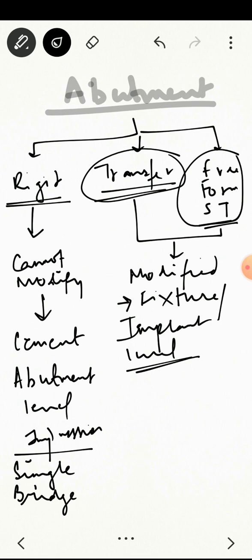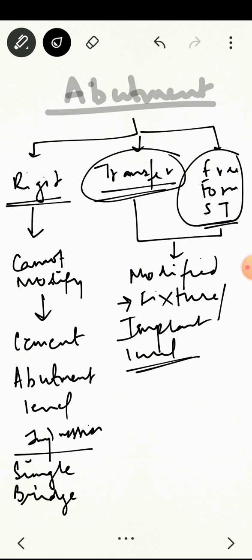Then you place your impression coping, and take the necessary impression using either the closed tray or the open tray method, whichever is required. Then you send the impression coping with the lab analog fixed to it to the lab. Also, at this stage, you have to provide the necessary transfer or free-form abutment to the lab.